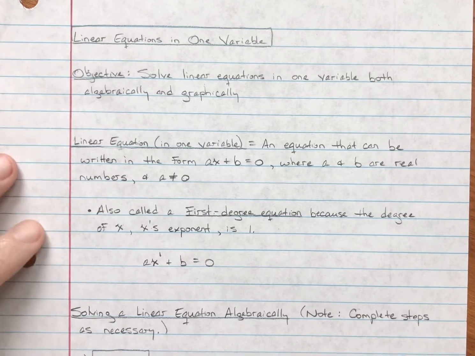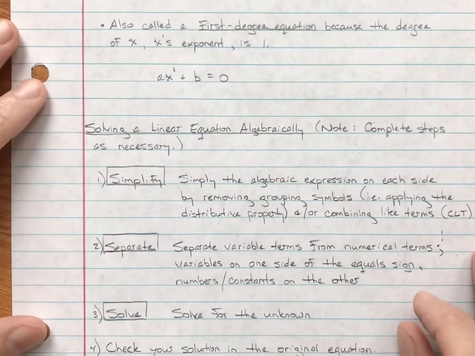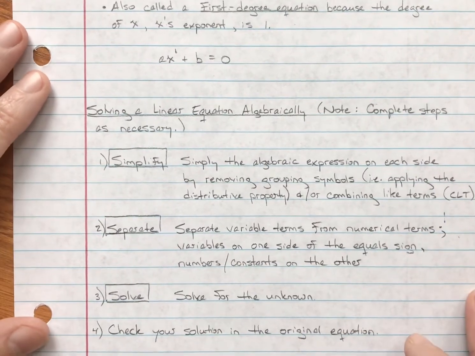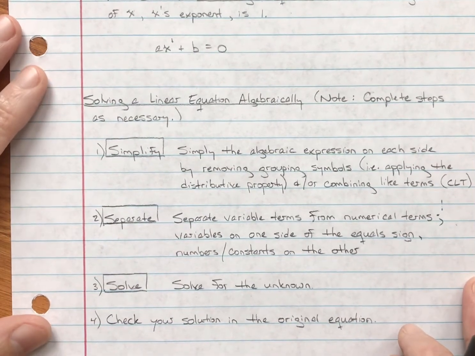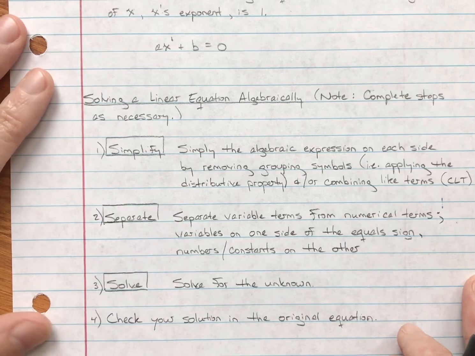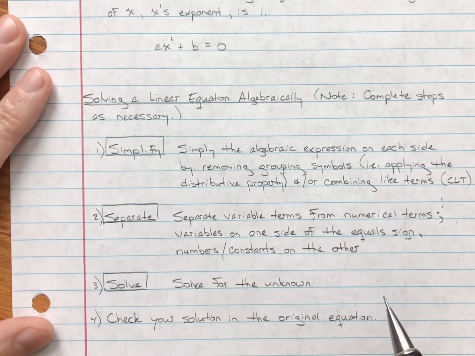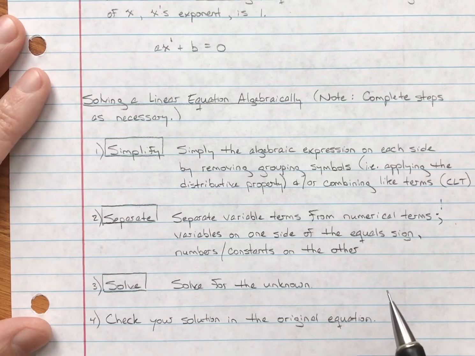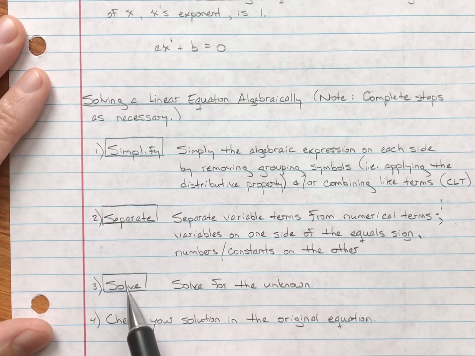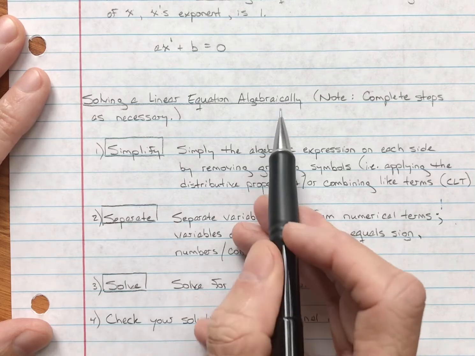So let's talk about how to solve a linear equation algebraically, and I'll shift my paper up here for you so we can see it. Now note, you might not need to use all of these steps every time, but this is the general way you want to solve a linear equation algebraically.